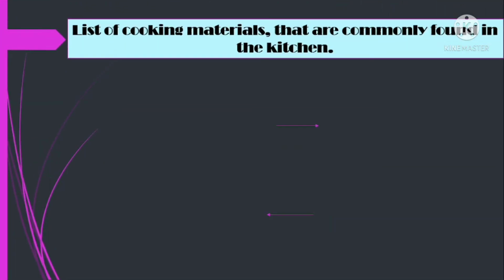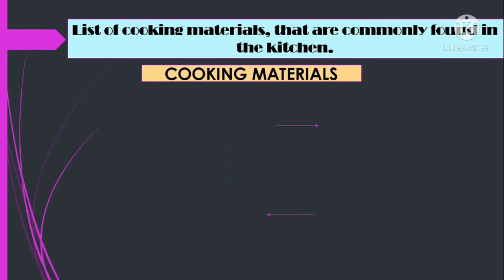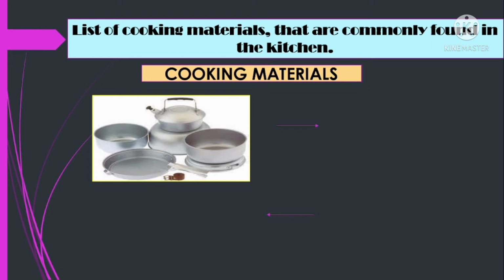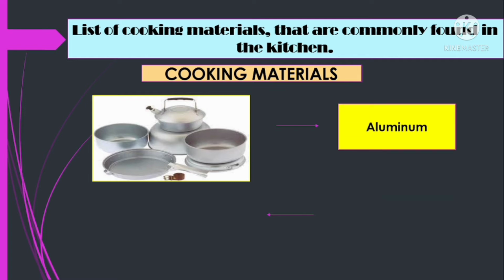So here is the list of cooking materials that are commonly found in the kitchen. First is aluminum. Aluminum is most used in the kitchen and most popular because it is lightweight, attractive, and less expensive.